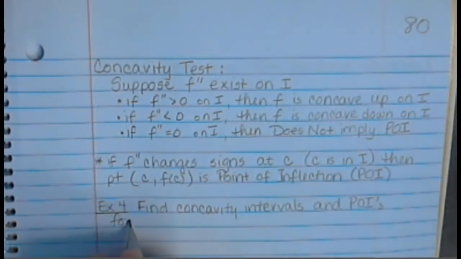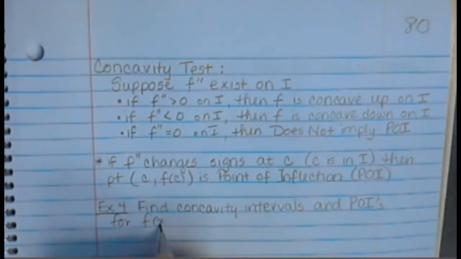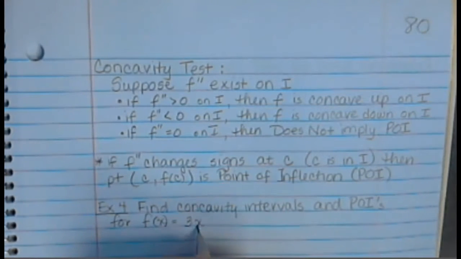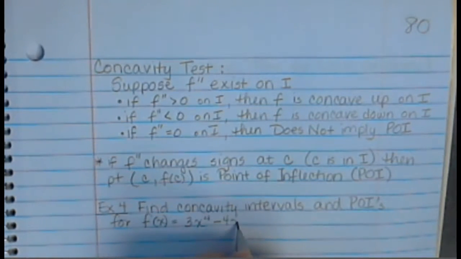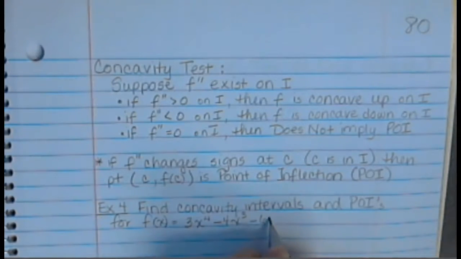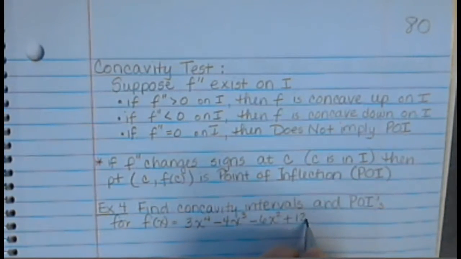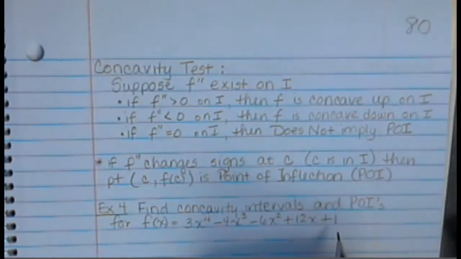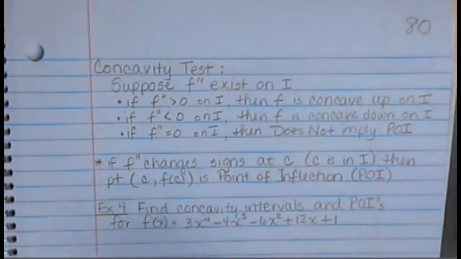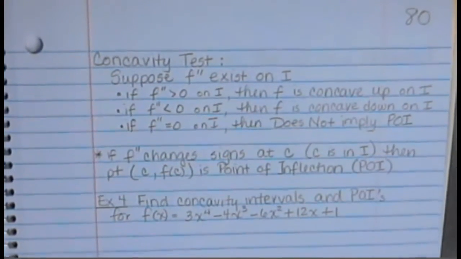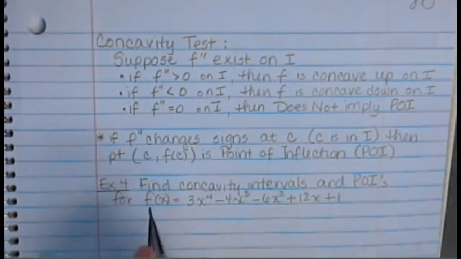And we're going to do it for our same f of x that we have, which is 3x to the 4th minus 4x cubed minus 6x squared plus 12x plus 1. We know that in order to find critical points, we had to find the first derivative.